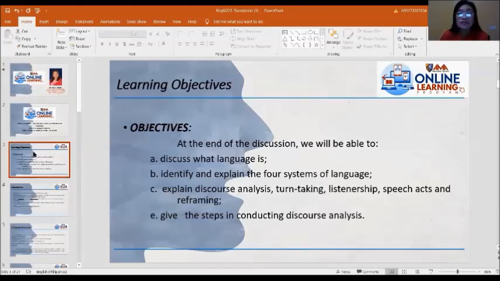Letter B, identify and explain the four systems of language. Letter C, explain discourse analysis, turn taking, listenership, speech acts, and reframing. And the last one, give the different steps in conducting discourse analysis.